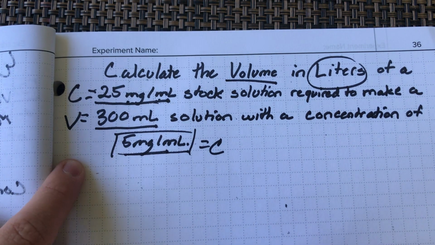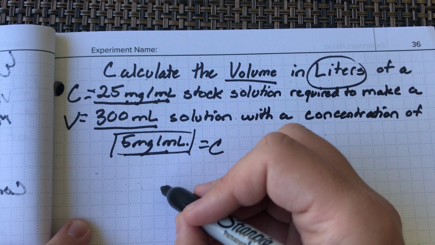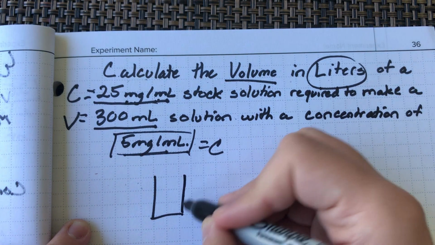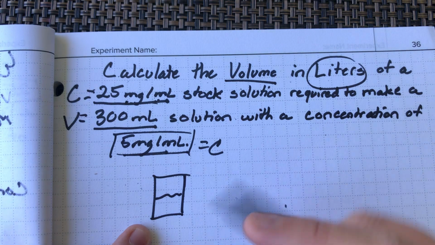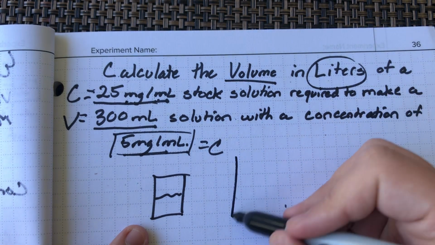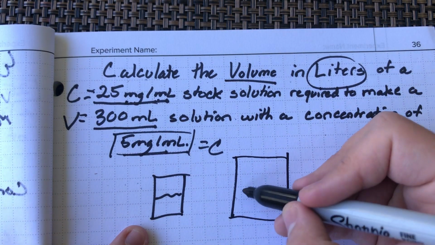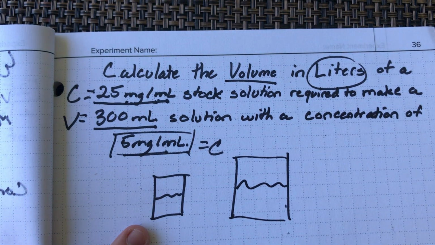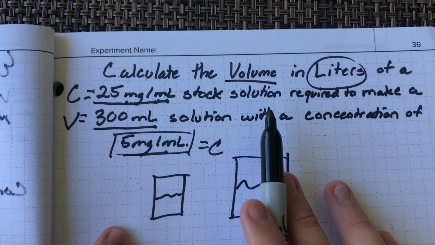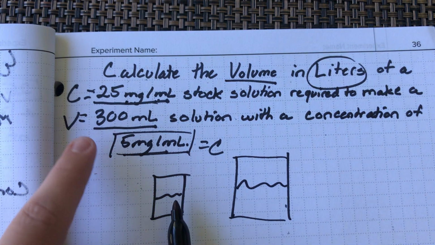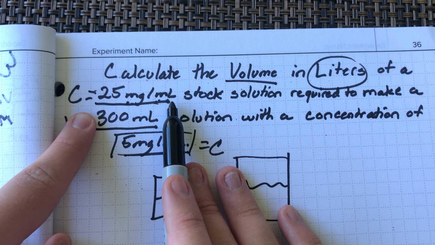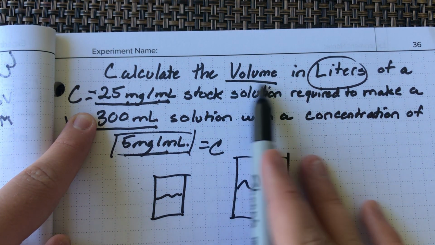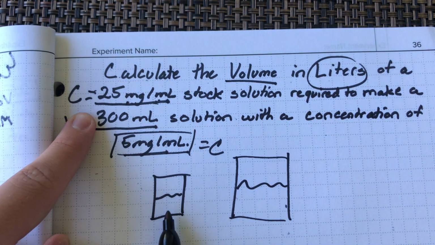If it makes it easier to see, you're starting off with one glass of water, or a solution, we don't know what it is, and a second glass of a solution. And we're going from this solution, which has a concentration of 25 milligrams per milliliter, but we don't know how much liquid is inside of this.